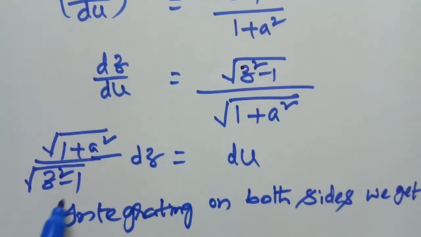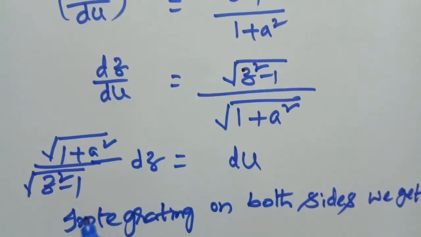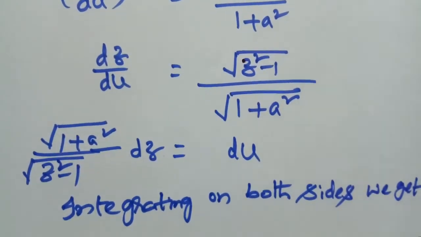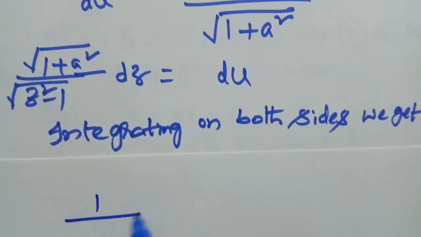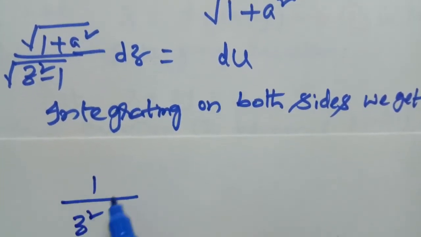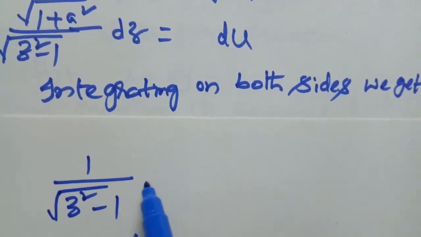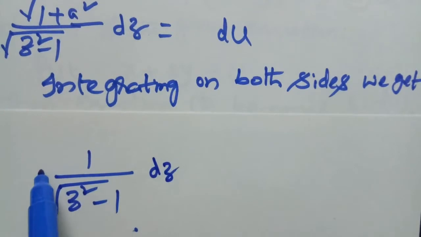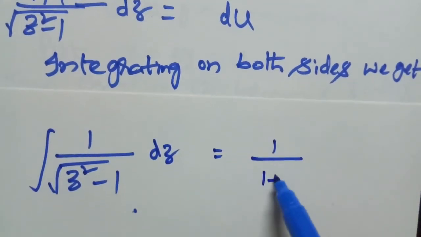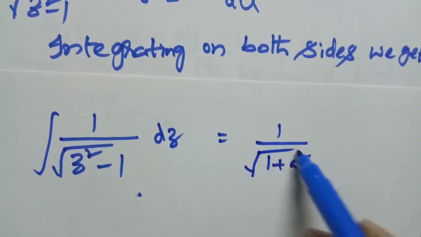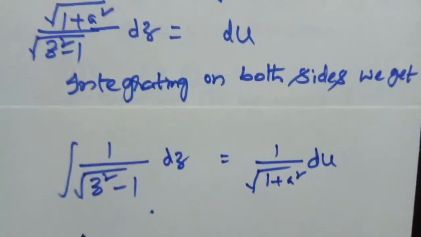So therefore now we write z square minus 1. Therefore integrating on both sides we get, 1 by root of z square minus 1 into dz is equal to 1 by root of 1 plus a square into du.